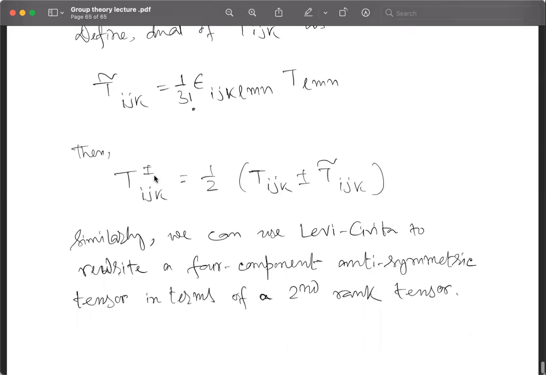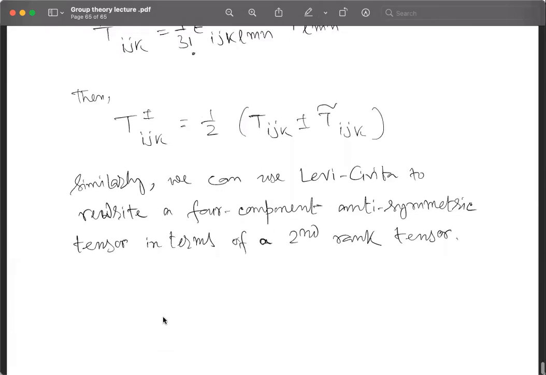And then we can define T plus minus ijk, which are basically conjugate to each other, as T ijk plus or minus T tilde ijk. So now you can see this is the way we can define this 10-dimensional representation, 10 and 10 bar.